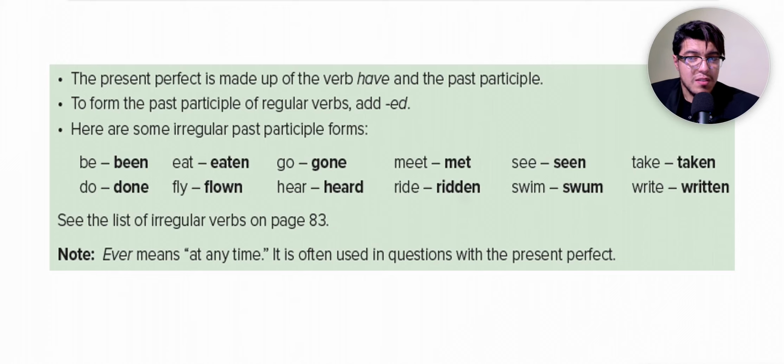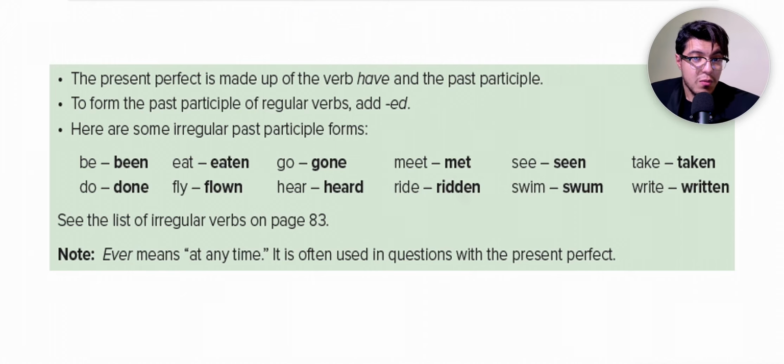The present perfect is made up of the verb have in the present simple. We use have or has, depending on the pronoun, plus the past participle of the verb. To form the past participle, as I told you before on the simple past tense, we just add the ed to the end of the verb, or the root changes completely with the irregular verbs.